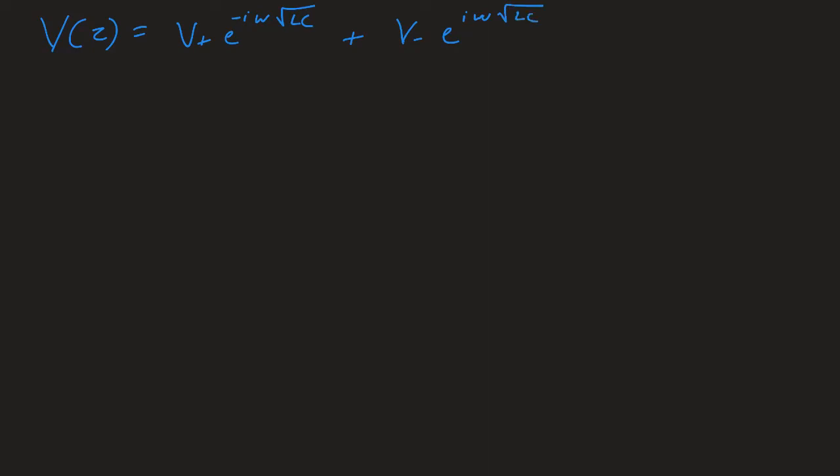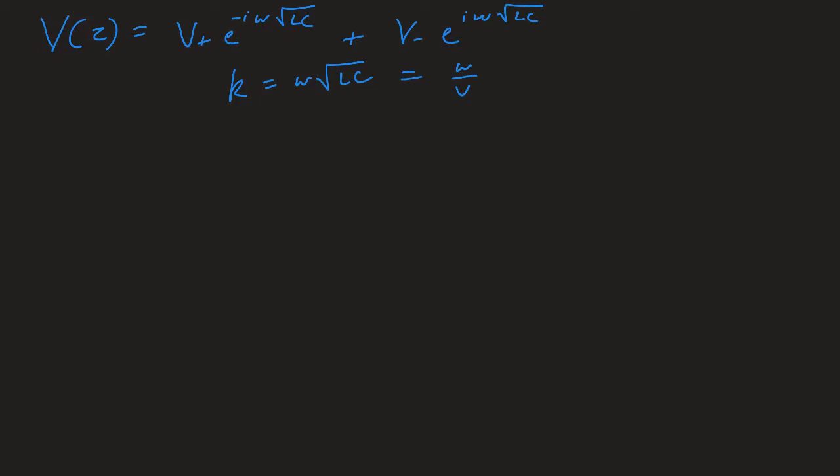That's the most general solution, where k is equal to omega square root of LC, right? But remember that I told you that the velocity is 1 over square root of LC, so that's just the same as saying that this is equal to omega over v, right?